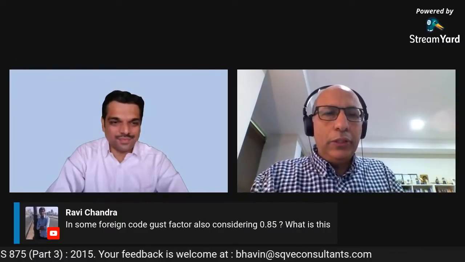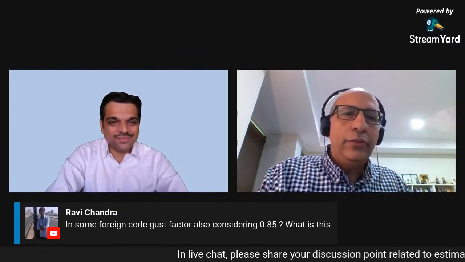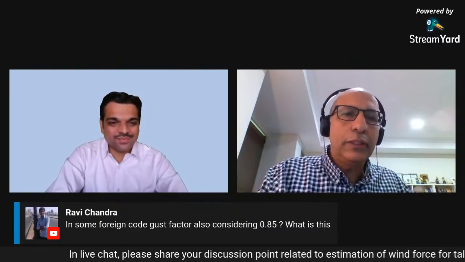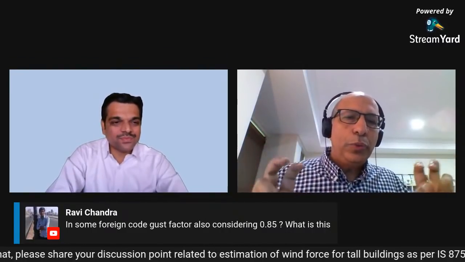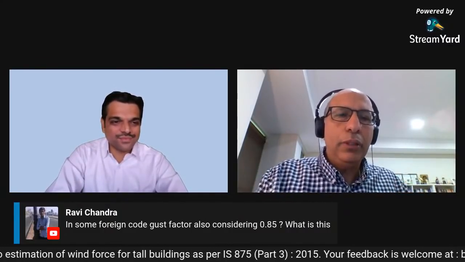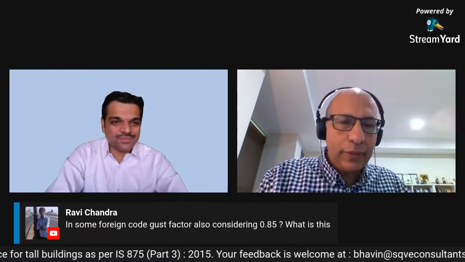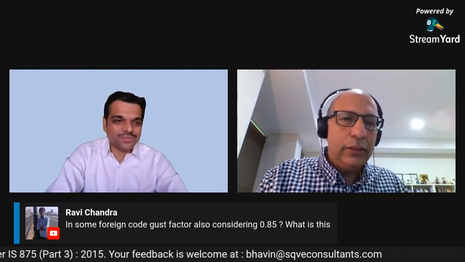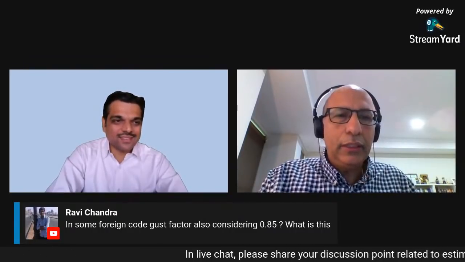But they don't account for directionality of the wind at each site, whereas we know that the wind is not the same intensity for each angle of attack. So to account for that in a probabilistic sense, they apply a flat 0.85 factor. That's what this is for, but it's not a gust factor. Right, it's more like a directionality factor.